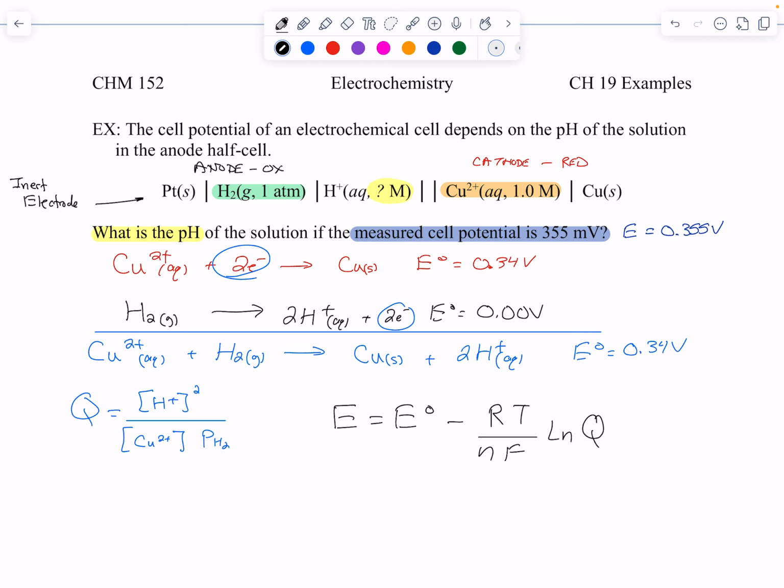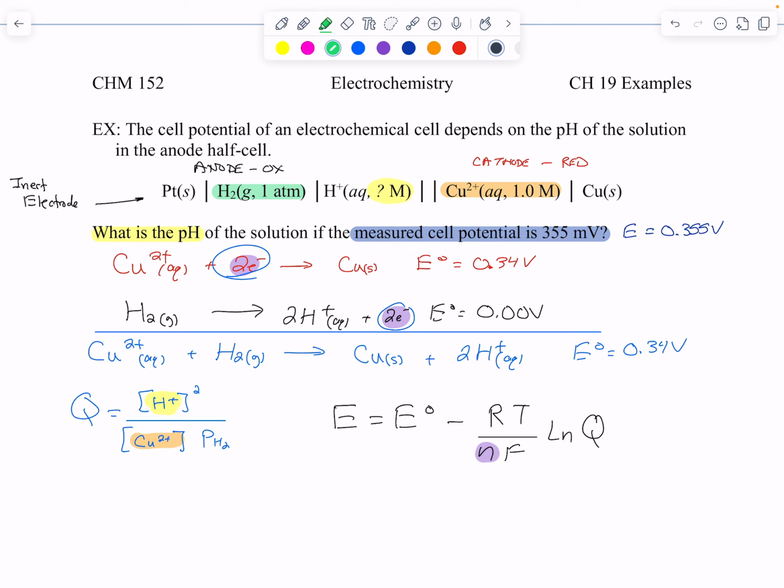And again, what are we looking for here? I'm looking for H+. All right, do we know what n is? We got n. Do we have Cu2+? Copper 2 I have, so we can highlight that.